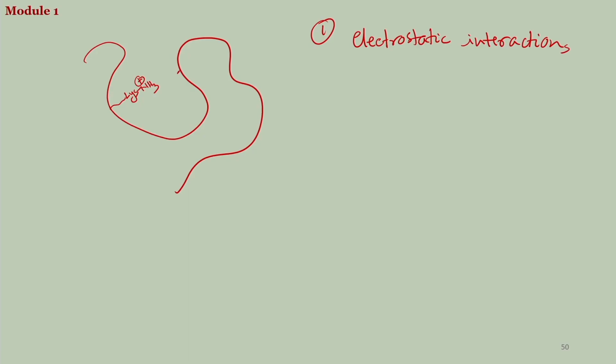You have to go all the way here, but because of such interactions, take aspartic acid, for example: aspartic acid is CH2 and then you have a CO, then you have OH, and this OH of course exists as O minus. So now you have a positive charge and a negative charge.